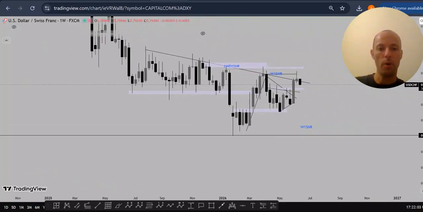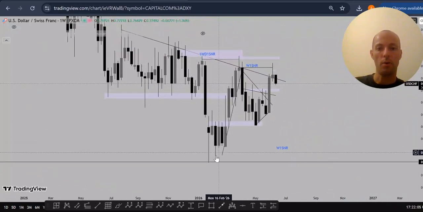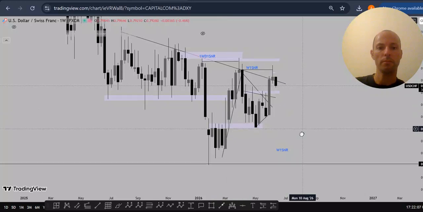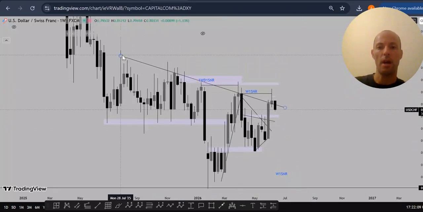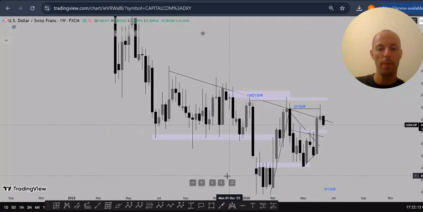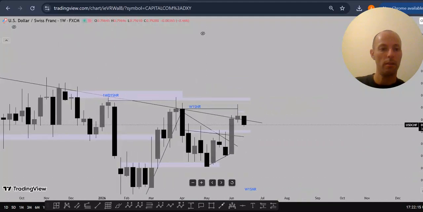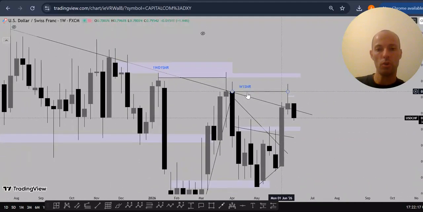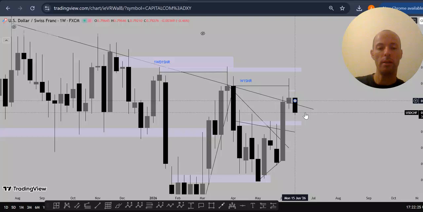And price reacted aggressively from there. It reached this trend line over here, okay? Then swept out liquidity from this area over here and then reacted, okay?